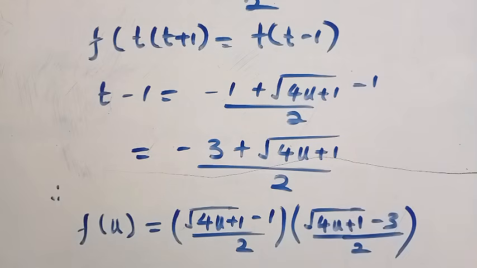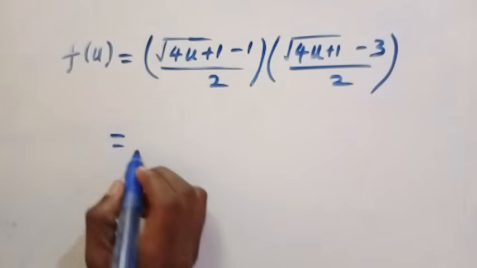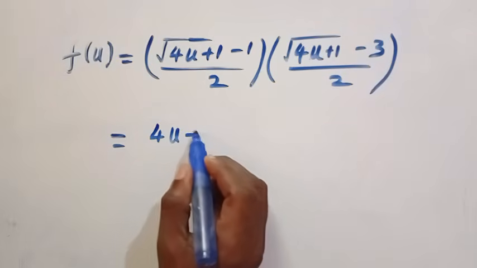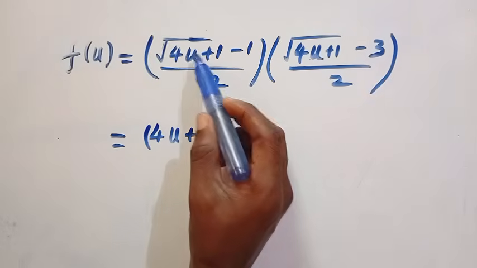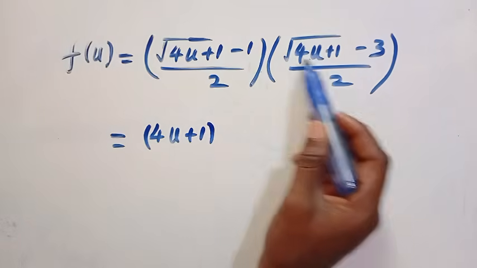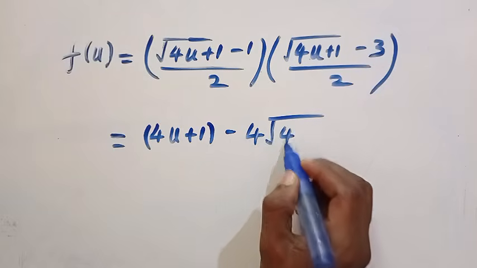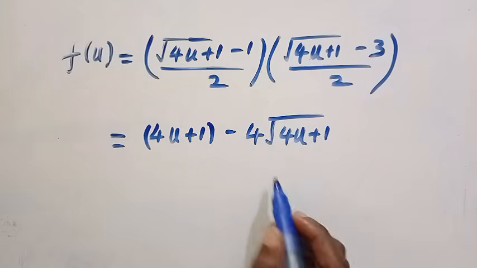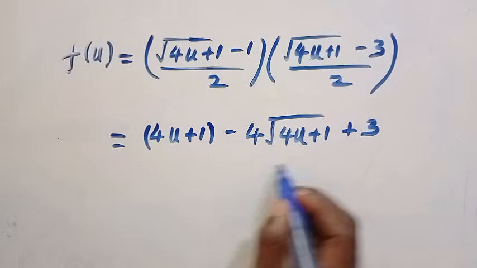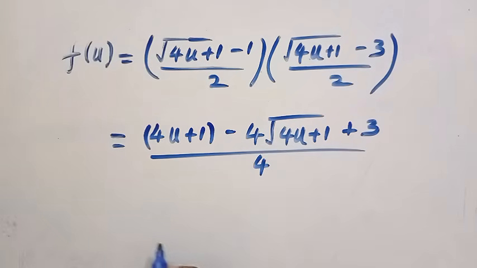So this is what we are going to expand. These are the same, so this gives us 4u plus 1. And if you multiply 4u plus 1 with minus 3, and minus 1 with this, the whole process gives us minus 4 square root of 4u plus 1. And also minus 1 multiplied by minus 3 gives us plus 3. Everything is divided by 2 times 2, that is 4.